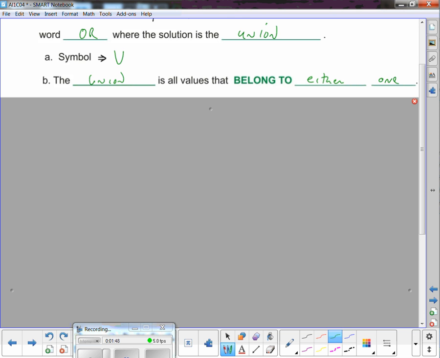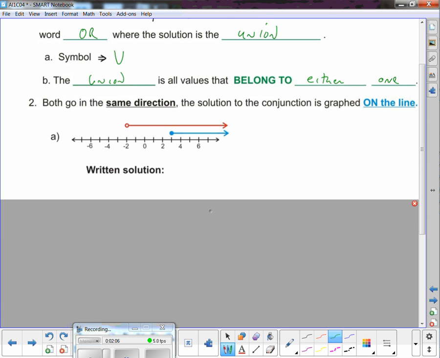You can also think of it as putting them all together and not repeating anything, right? Earth to daydreamers, that's why you have trouble. Union, putting them all together. Okay, so let's go ahead and see if we can begin to understand the aspects of union.